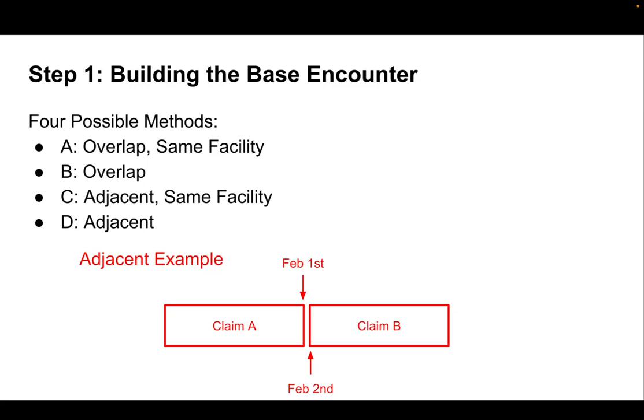If we were going to use an adjacent algorithm, method C or method D, these claims would actually be merged. In this sense, the overlap algorithms are a more strict definition and will result in fewer claims being merged than the adjacent algorithms, which are less strict. Claims can essentially be further apart and still count to be merged.